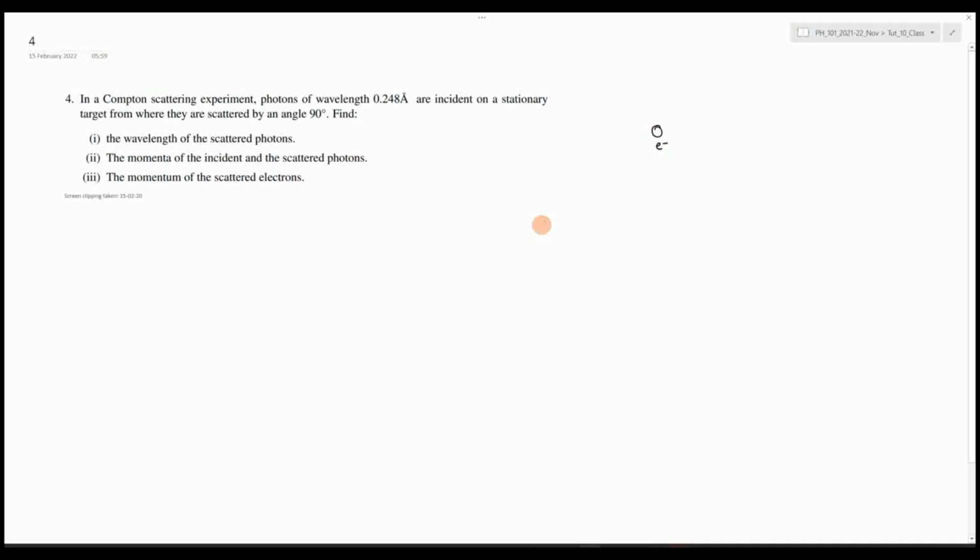Okay, next, Compton scattering experiment. Photons of wavelength lambda 0 are coming and incident on a stationary target. After this, the photon is scattered at an angle of 90 degrees. So the photon scattered here, and suppose the particle also moves like this with some momentum.